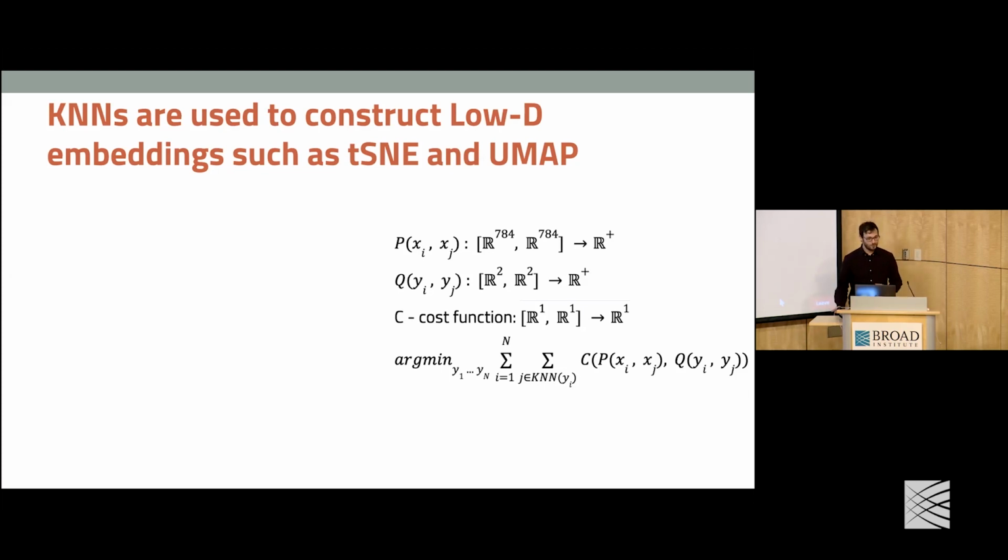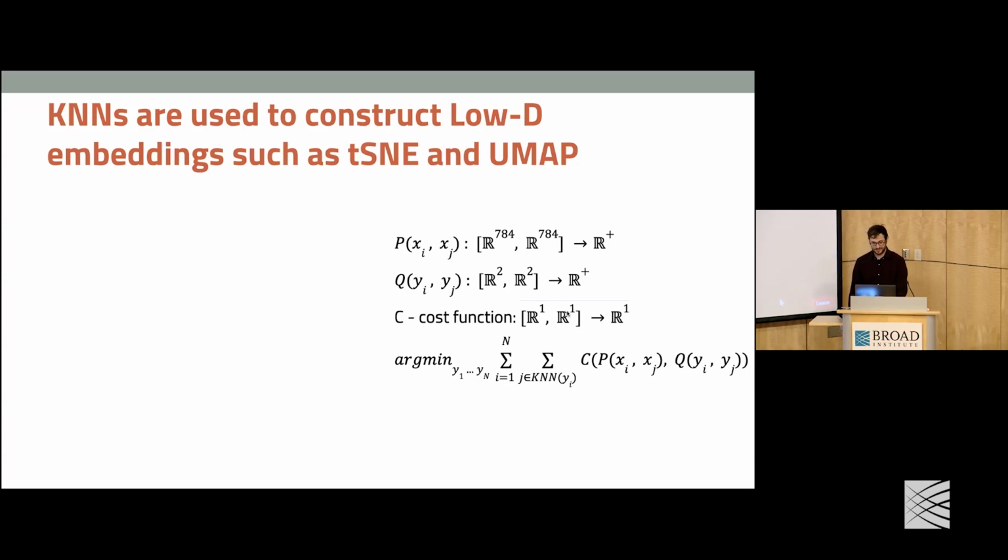And at a super high level, without getting into any of the details of these different methods, they both do something pretty similar, which is they take some high-dimensional distance or similarity function, which goes from 2 observations in the high-dimensional space and returns a distance, and a low-dimensional distance function that goes to, let's say, 2 dimensions, because we often want to reduce the dimensionality down to 2 dimensions, and some cost function that wants the outputted distances to be similar to each other.